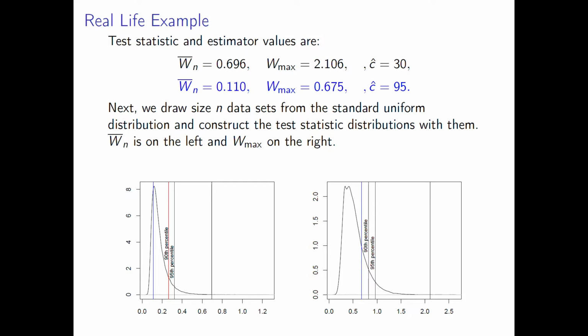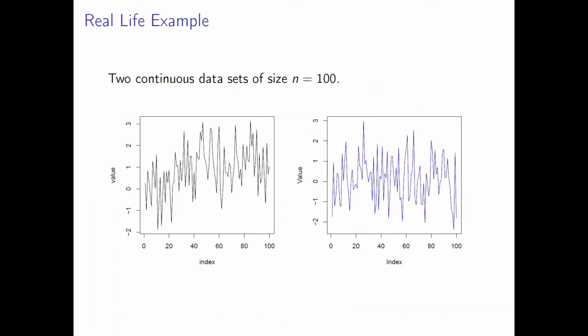And that's actually very good, because these data sets were drawn from normal distribution, and the blue data set is actually IID from the 0, 1 normal distribution, and the black data set has a change point at 30, where the mean changes from 0 to 1.